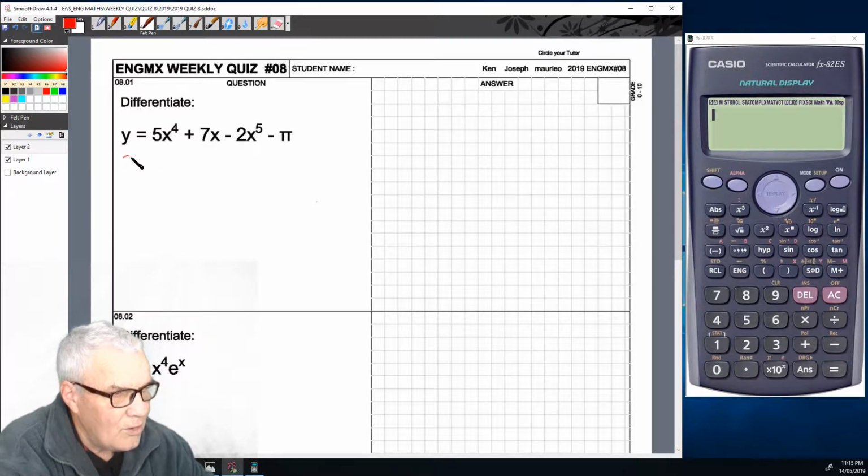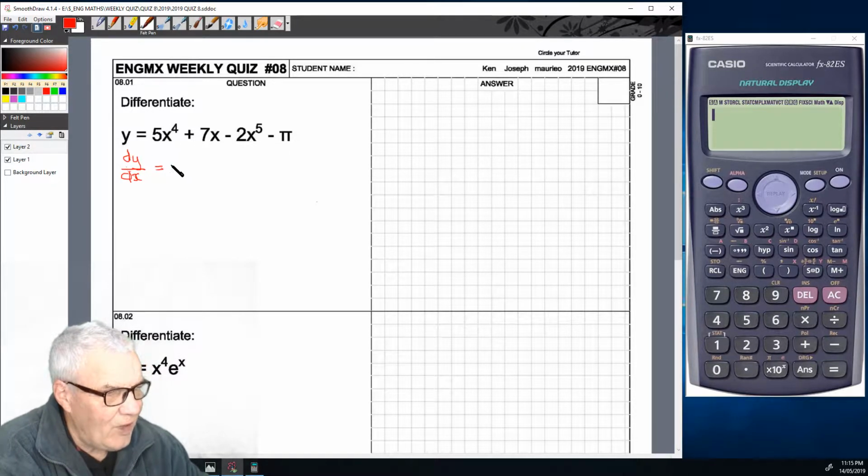So, here we go. Differentiate. dy by dx for this one equals 4 times 5 is 20x, 4 minus 1, x cubed.